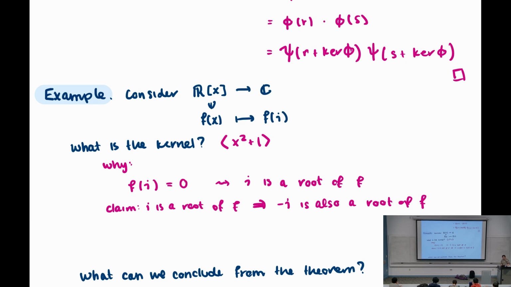And so what that means is that I can factor out x minus i and x plus i from f. But what is this product? This is exactly x squared plus 1. So that means that any polynomial that's in the kernel is of the form x squared plus 1 times some other polynomial.